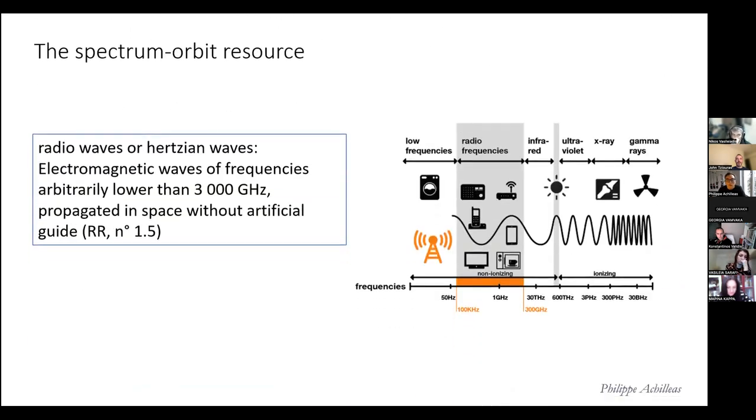So the spectrum, the frequencies, are the radio waves that allow information to be propagated in space without cable, without any physical infrastructure.